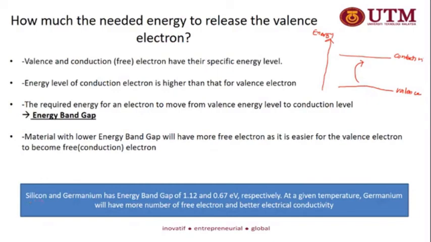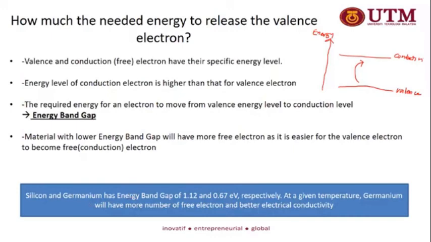Silicon and germanium have energy gaps of 1.12 and 0.67. So here silicon has a band gap of 1.12 electron volts. Electron volt is a unit for energy. And germanium has 0.67 electron volts. From these values we see that germanium has a smaller energy band gap.